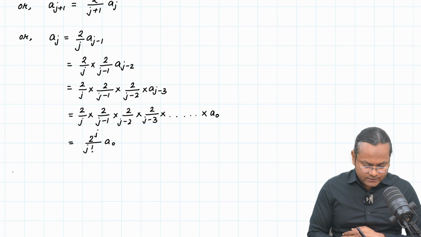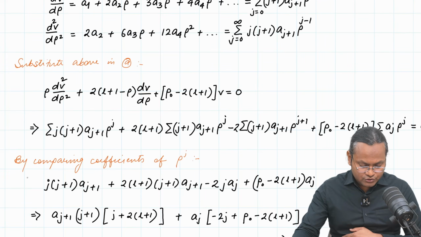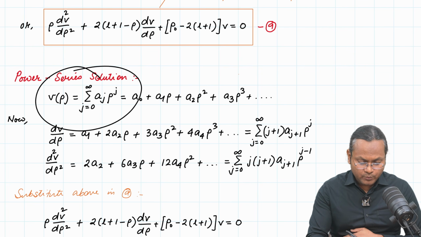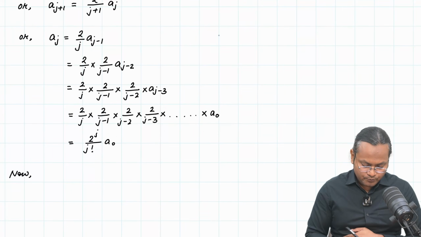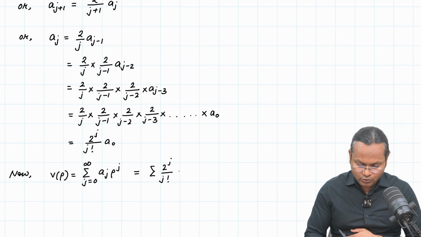Now let's look at the stitching function that we had. The stitching function, whose solution was written as a power series, V, can now be written as V of rho equals the summation over j from 0 to infinity of a_j rho to the power j. If I substitute a_j here, we get 2 to the power j over j factorial, a naught, rho to the power j.